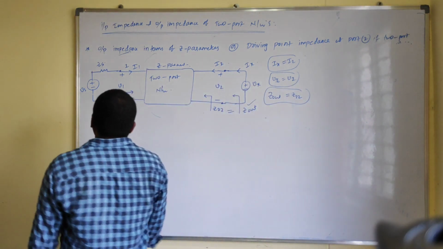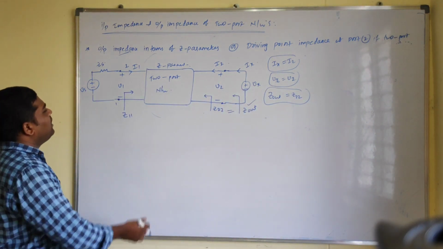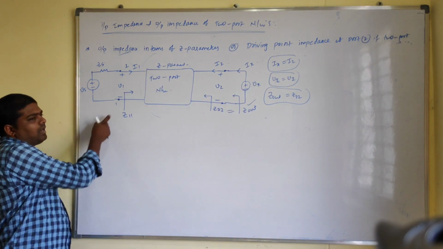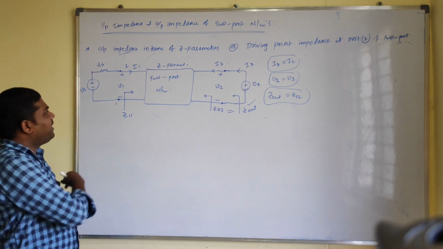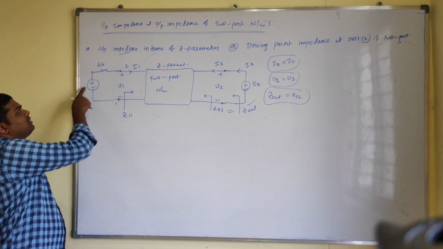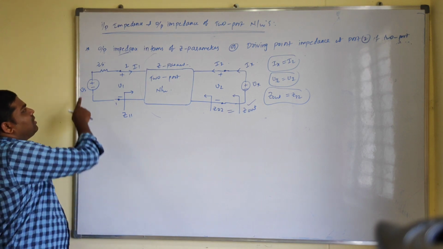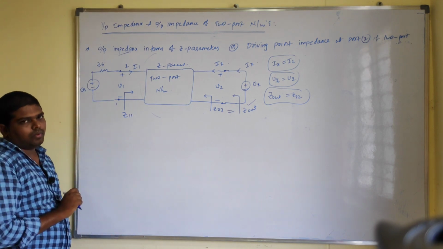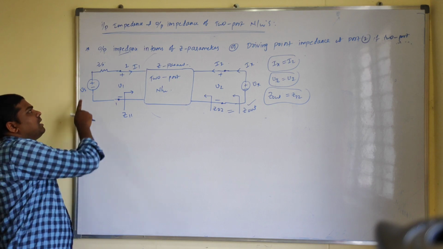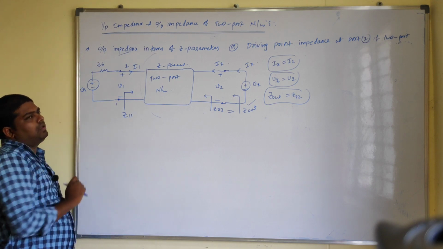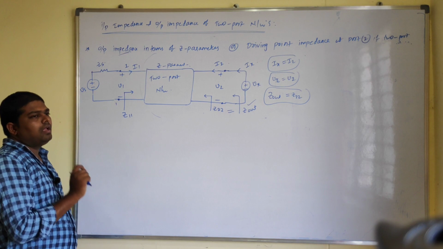Step 2. Here at port 1, otherwise the input side, we have some voltage source and Zs, right? You can simply short the voltage source. If any voltage source is present at the input side, simply short that source.